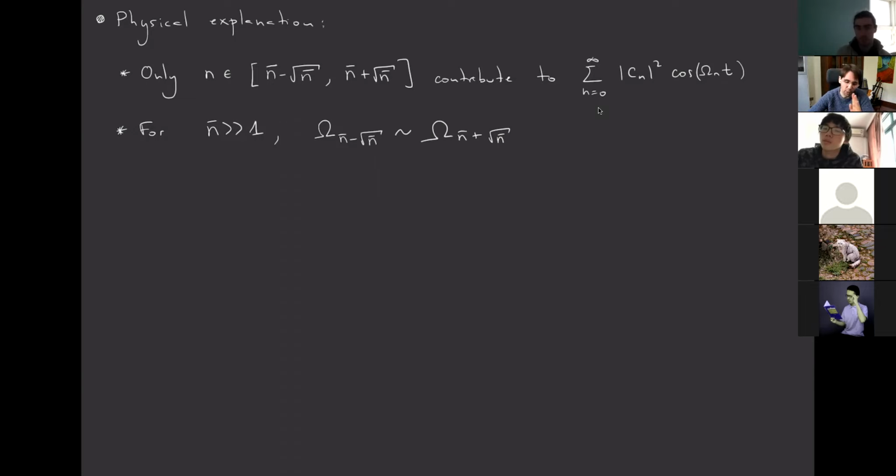So the ratio between this frequency here and this frequency here will be almost 1. They will be just slightly different from each other. In other words, all the terms in the sum oscillate at similar frequencies.